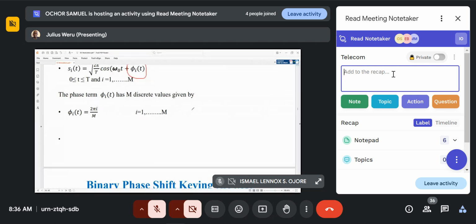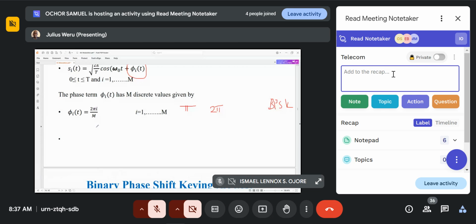When i is 1, this becomes 2 pi over 2, so you're going to have pi. And when i is 2, you're going to have 2 pi, which is basically 0. So if it is binary phase shifting, you're going to have 0 and pi.